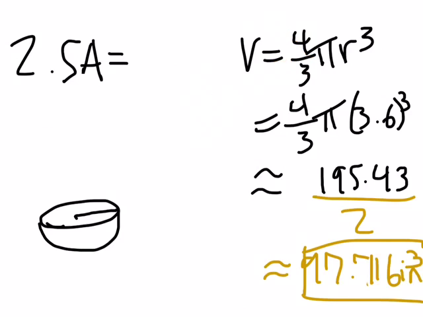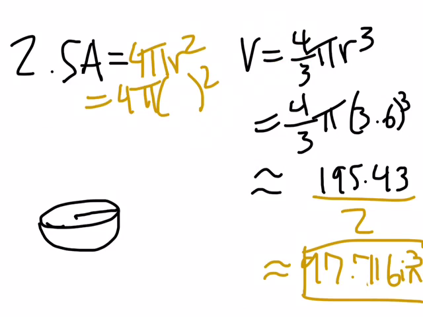Now surface area formula is the best one here. 4 pi r squared. So you just need the radius again. But hold on. For surface area, do you think we could just do this and then cut it in half? Well, not quite. Because when we cut it in half, we actually expose another surface here.